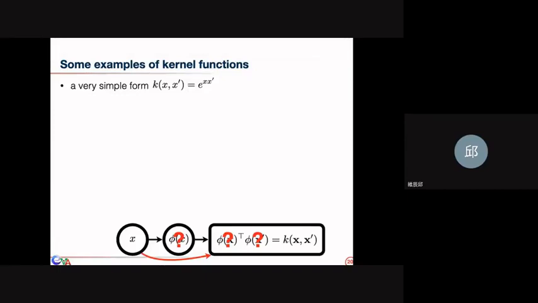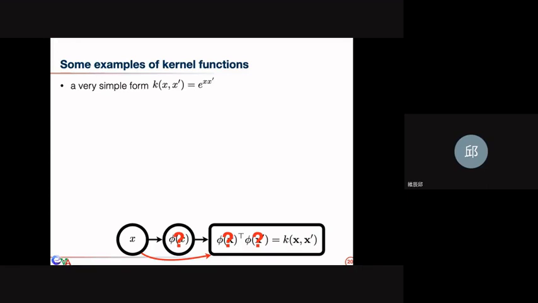This computation of the kernel function is quite simple, right? You have your x and x prime, and please note here, x and x prime are the inputs for my kernel function. So x and x prime are now in their original data space.